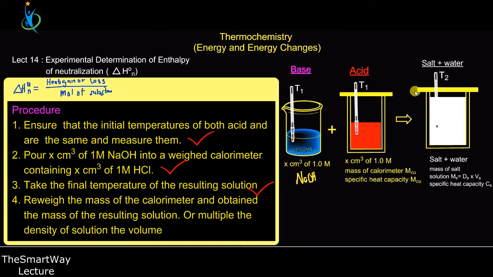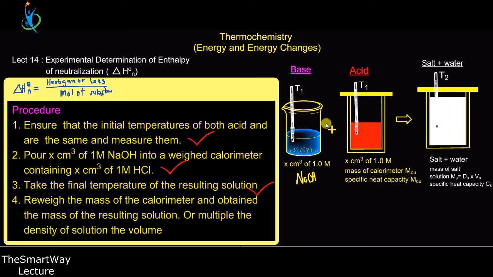Very simple. After that, you weigh the calorimeter again. That is to measure the mass of the salt solution formed. You weigh the calorimeter after the addition to measure the mass of the solution that is formed. So that is how to do that. First step is to ensure that the temperatures are the same for both the acid and base in their respective medium. Second is to pour a certain volume of the base from the beaker into the acid in the conical flask.